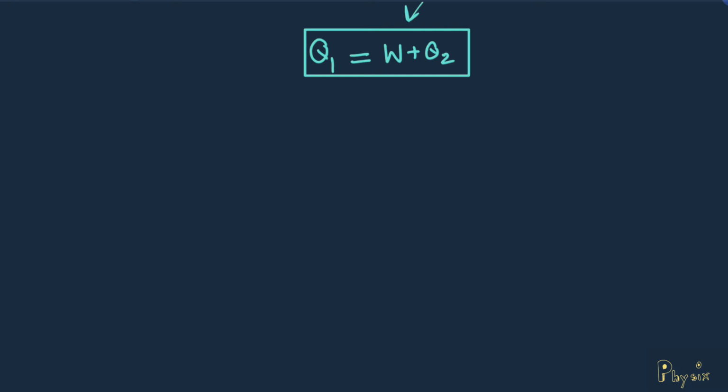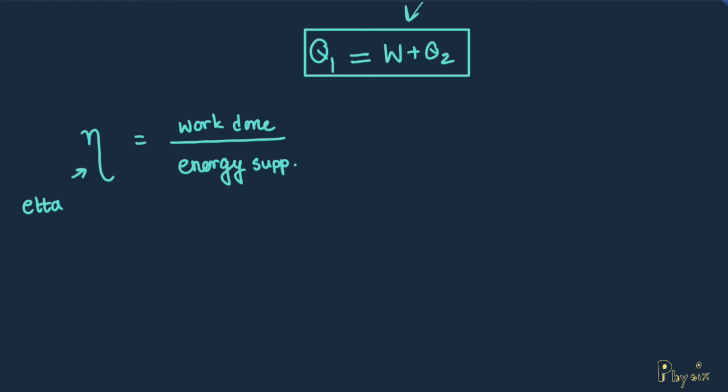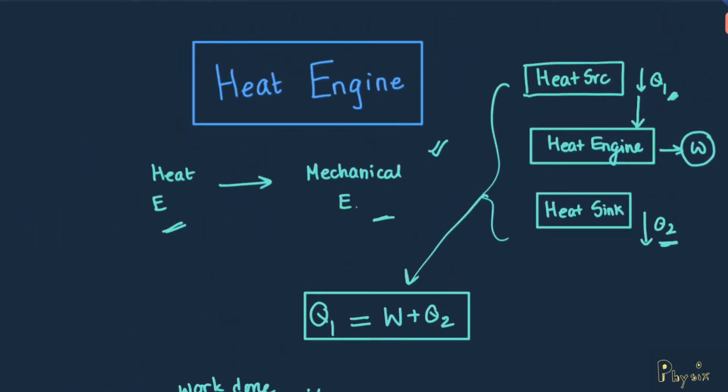Okay, so how do we describe this Q1 is equal to W plus Q2? And how do we actually describe the efficiency of a heat engine? Well, we know that the efficiency of any particular system, as denoted by the Greek letter eta, is equal to the work done by a particular system to the energy supplied, and its percentage, of course. Now, over here, if you follow this diagram, the work done is actually W, right?